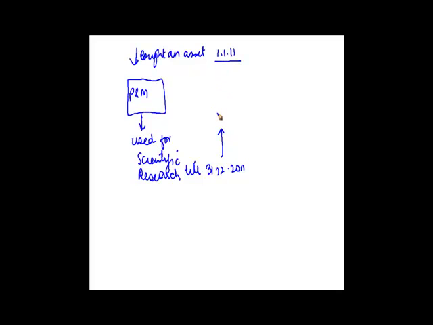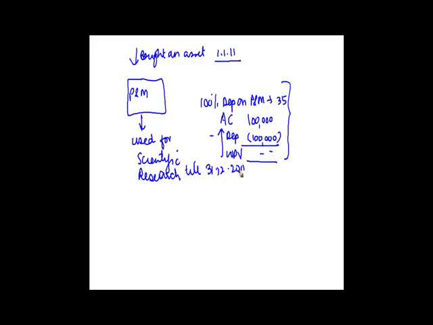You'll have to see section 35. Suppose I was allowed 100% depreciation on plant and machinery under section 35. So I got it for 100,000 and I got depreciation of 100,000 on this. So my written down value became 0. Actual cost, depreciation. Now what I decided, I stopped my research work, let's say on 31/3/2012, and I started using this plant and machinery for normal business.